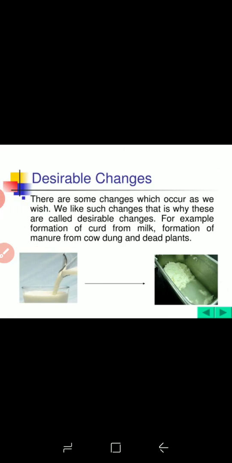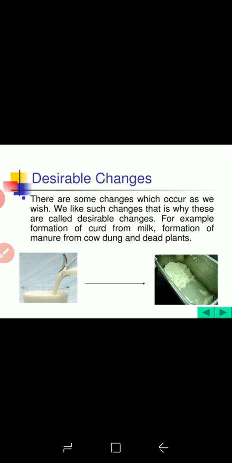So the desirable change. There are some changes which occur as we wish. We like such changes, that is why these are called desirable changes. For example, formation of curd from milk, formation of manure from cow dung and dead plants. That means we know the exact result.